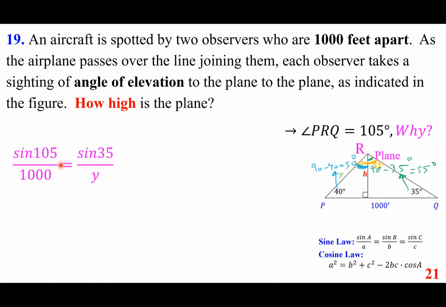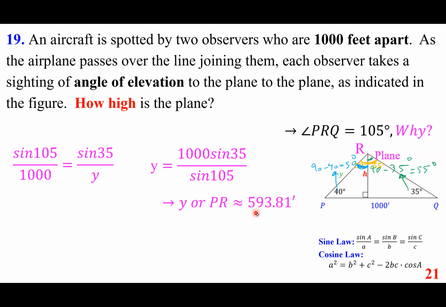So y would be 1,000 times sine of 35 divided by sine of 105. And at this point, you use a calculator with a bunch of decimals. And so y or PR becomes 593.81 feet. Why did we find y? Because we are interested in finding h.